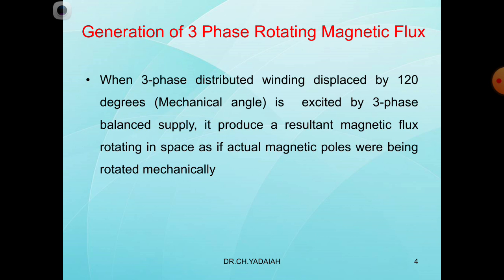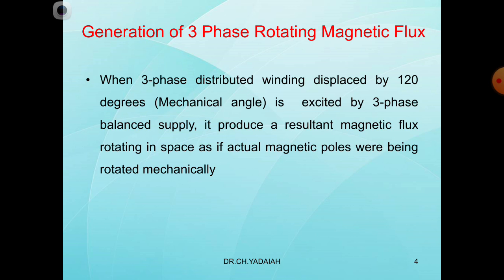What is the synchronous speed? Ns is equal to 120 F by P. Here 120 is a constant, F is the supply frequency, which is 50 Hz or 50 cycles per second, and P is the number of poles decided at the time of design itself, whether 2 poles, 4 poles, 6 poles, and so on. Let us assume P is equal to 4, a 4-pole machine.